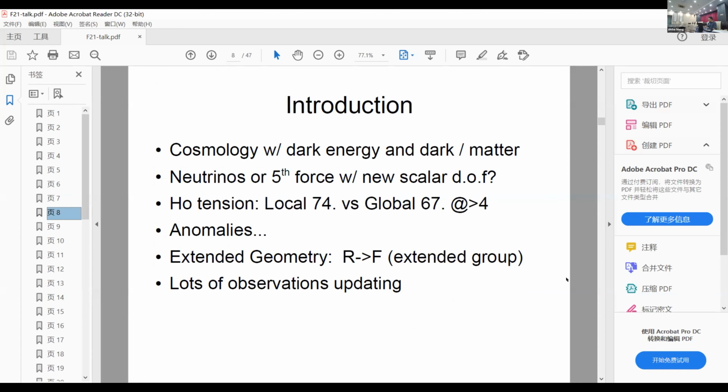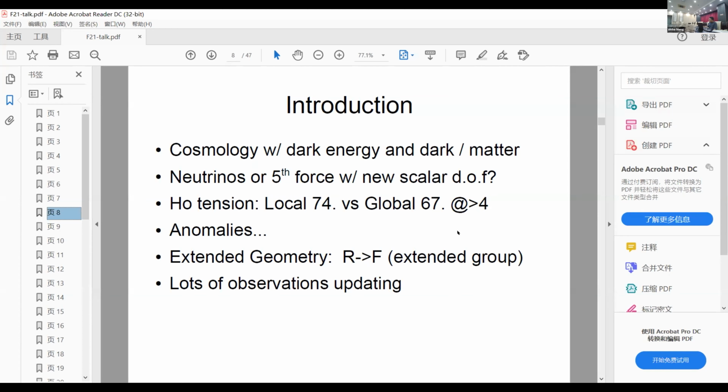So why did I start with Finslerian geometry, not the relatively easier Riemann geometry? The reason is mainly the recent cosmic observation, the so-called H0 tension. Roughly speaking, the H0 tension is between two groups of observation. One is from the CMB, the typical value from the Planck 2018 results.